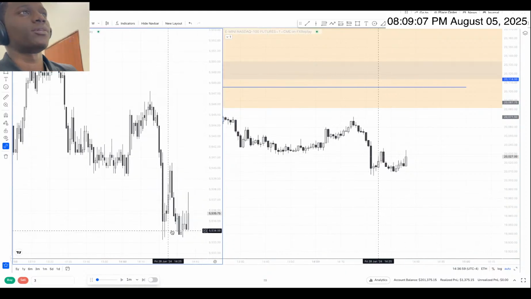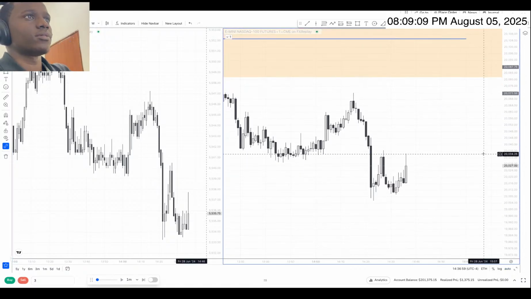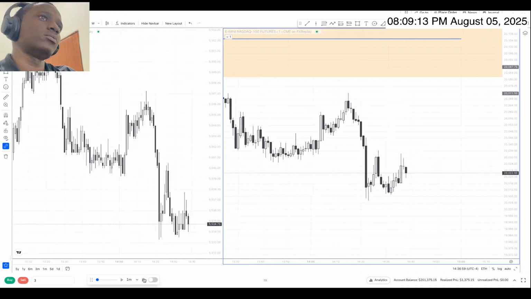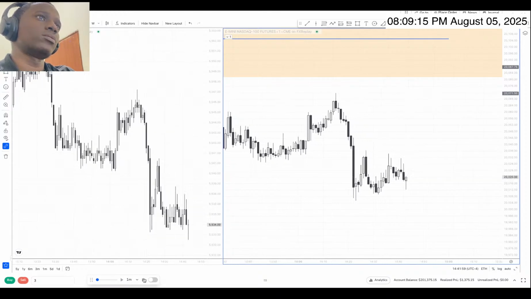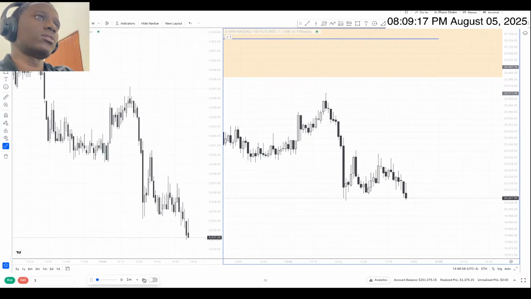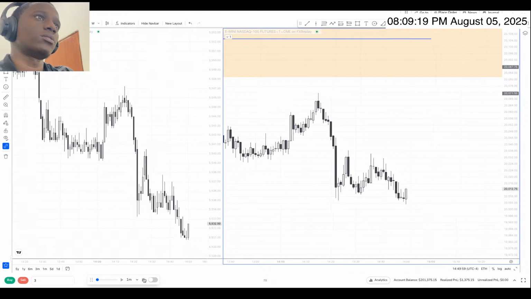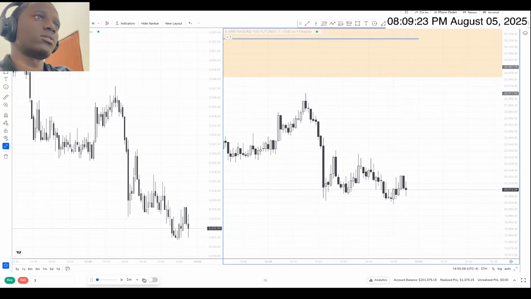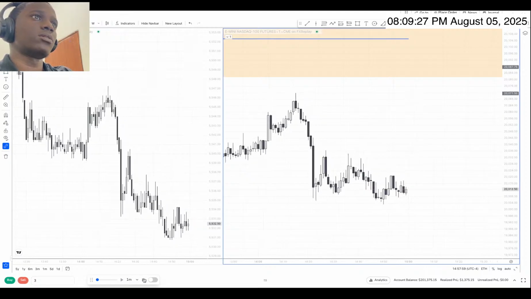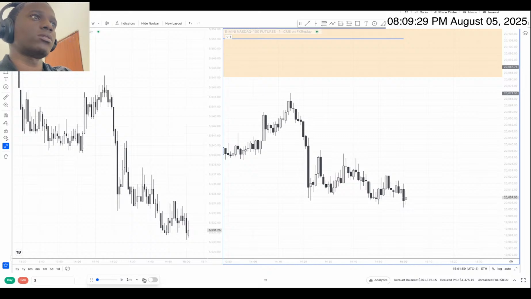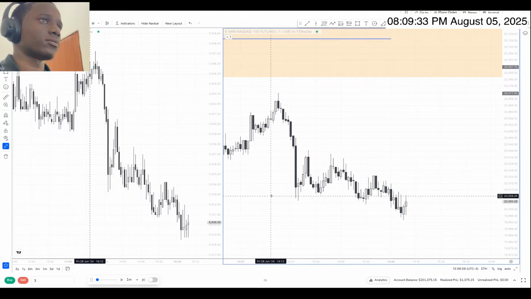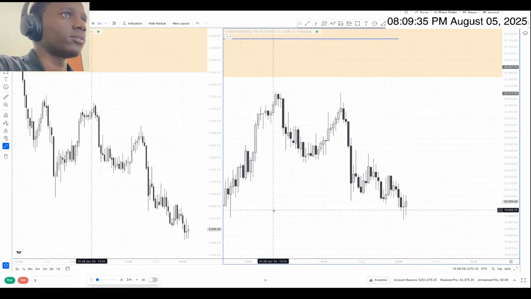There's an SMT here, this lows. Okay, now here, let's see, what's the terminal looking like?